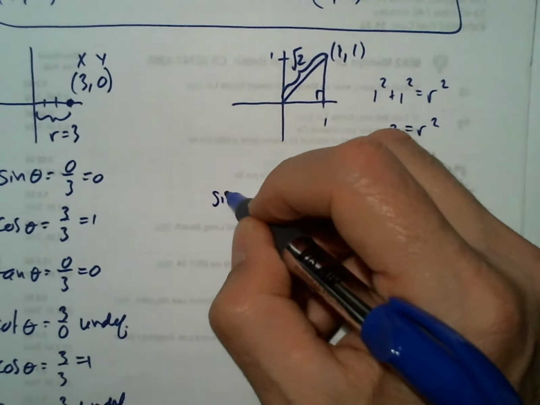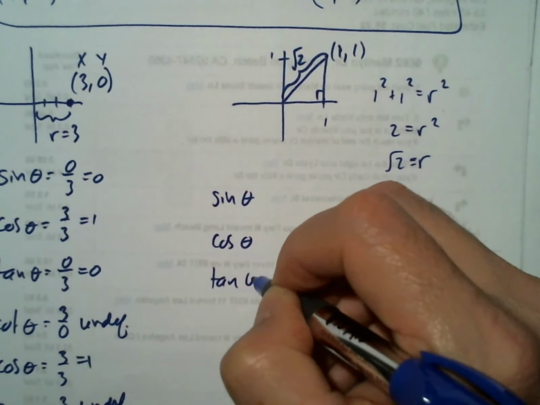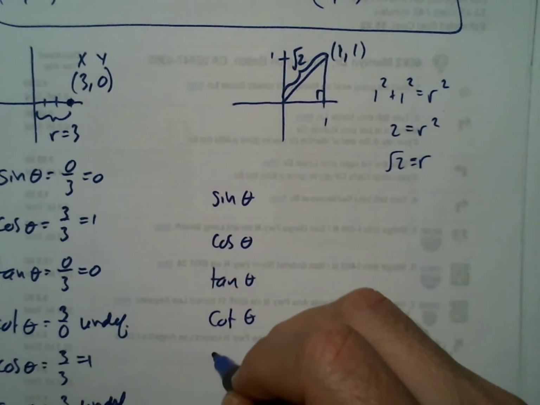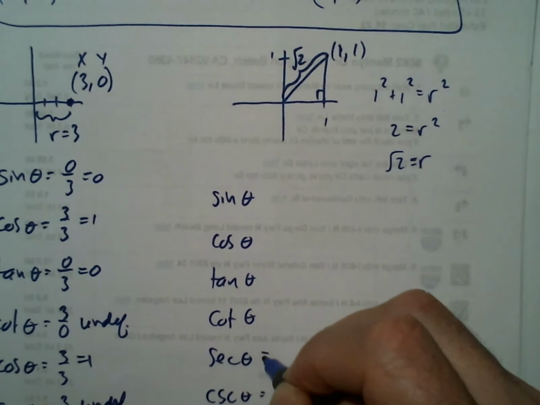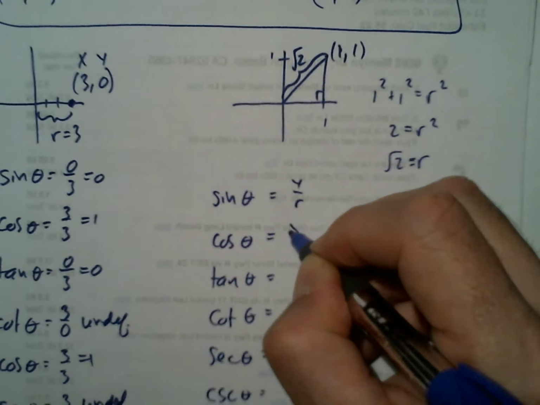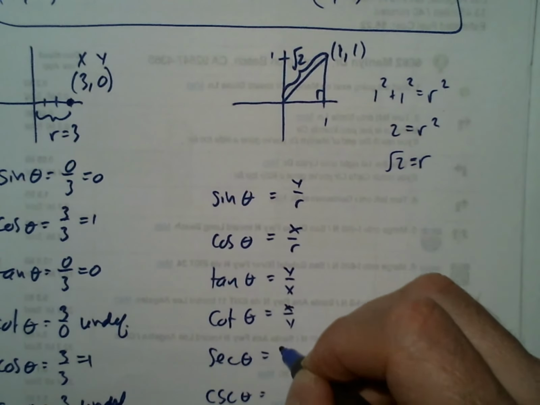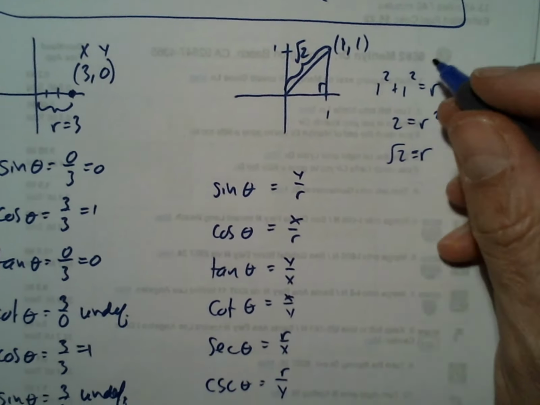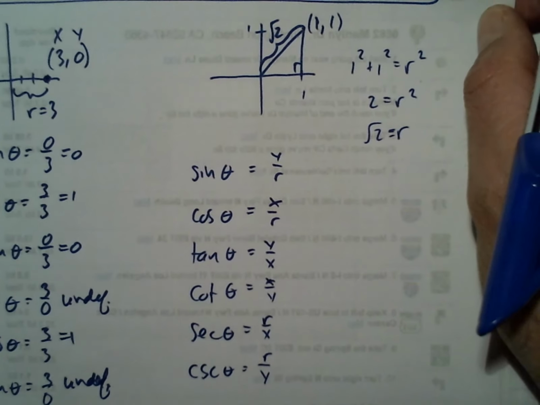So now we have y over r, x over r, y over x, x over y, r over x, r over y. And then we just look at the x, y, and r.